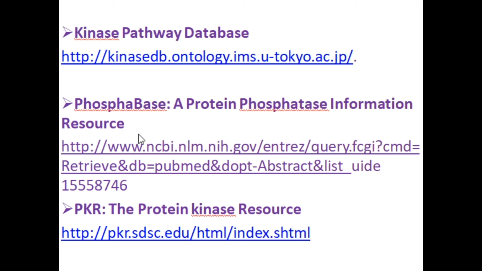Next one, PhosphaBase, a protein phosphatase information resource. It's the very first public resource dedicated to protein phosphatases. These enzymes perform dephosphorylation reactions.